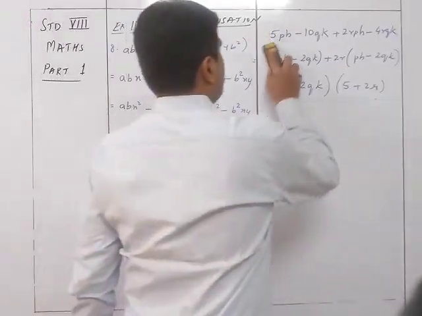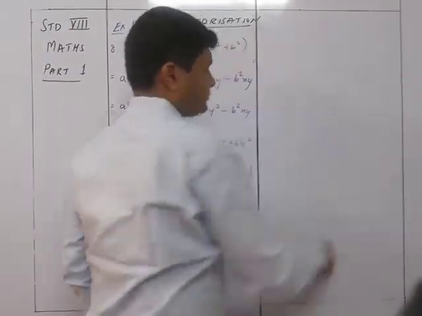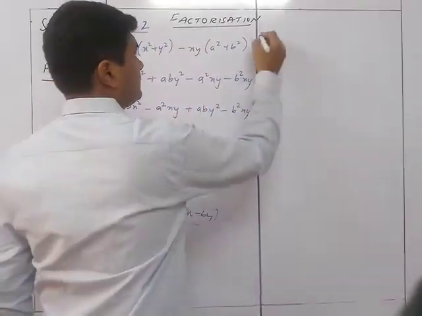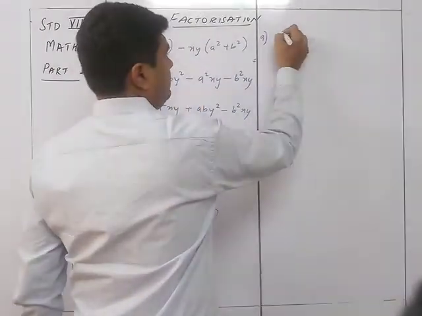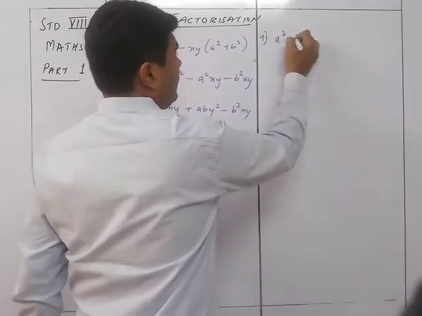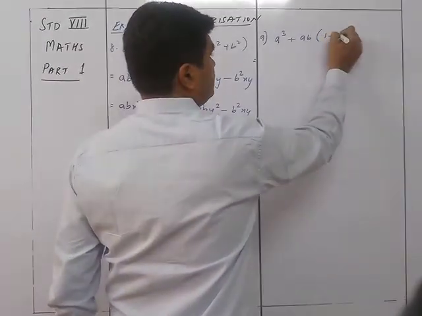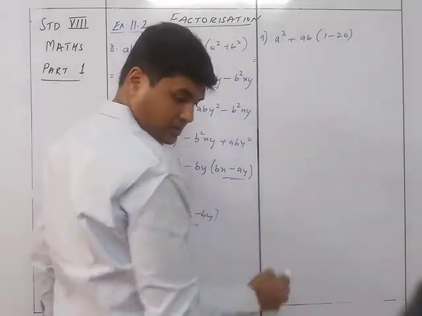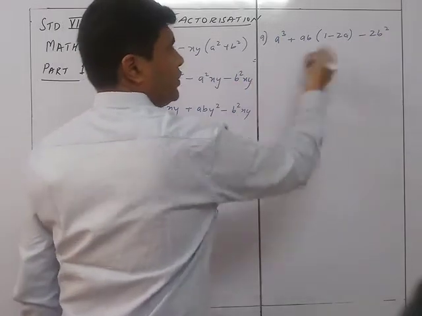We now move on to sum number 9. a cube plus ab(1 minus 2a) minus 2b square. So I'll open the bracket first.